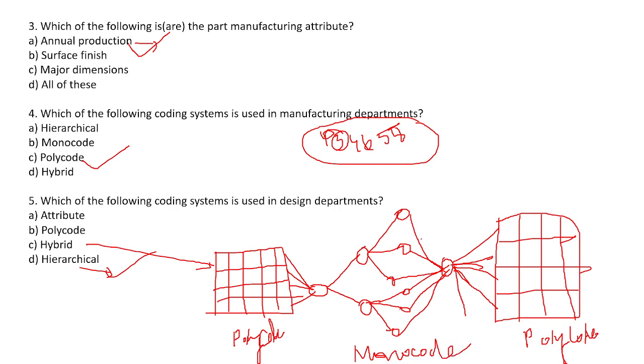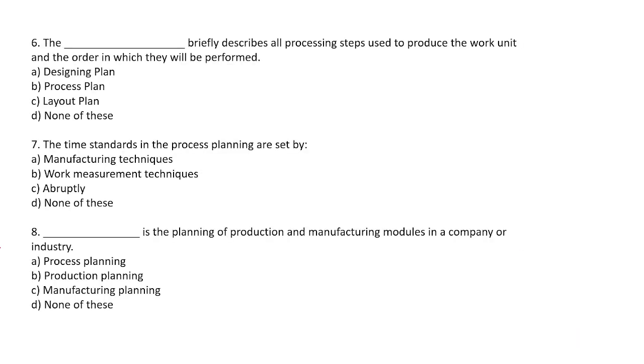So this is the basic representation of the combination of both polycode and monocode or hierarchical, which together represent the hybrid coding system.